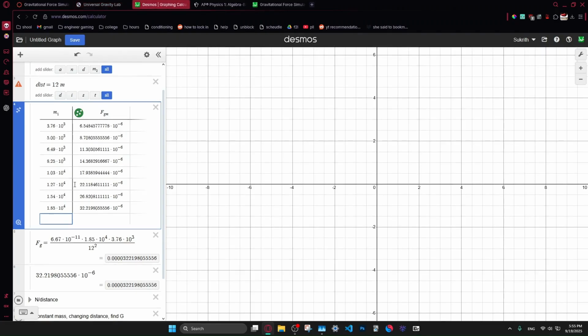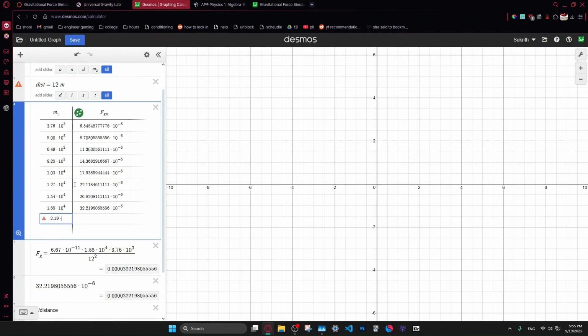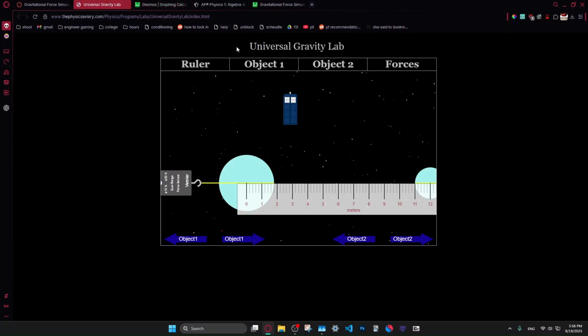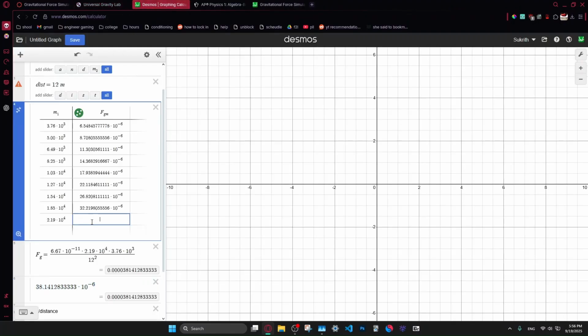Object 1 is 2.19 times 10 to the fourth. We substitute that again. That's our value. What the heck happened? Negative 6. 1, 2, 3, 4, 5, 6. Should be around 38 micronewtons or so. 38.1. Okay, this one's fine.